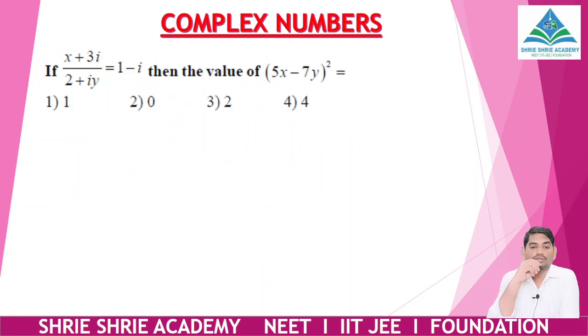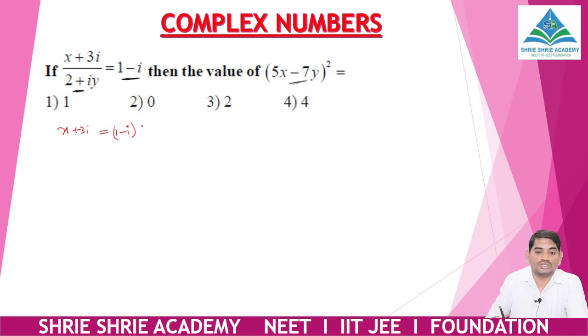Then see one more question. If z is equal to (x plus 3i) divided by (2 plus iy), which is equal to 1 minus i, then what is the value of (5x minus 7y) whole square? So how can we solve this one now? x plus 3i is equal to (1 minus i) into this denominator, I am transposing that side.